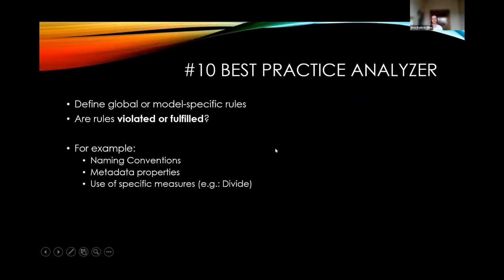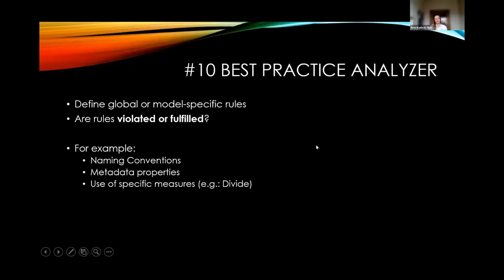And our last best practice is using the best practice analyzer. As I've mentioned earlier, Tabular Editor introduces the best practice analyzer, which is a tool that lets you define global or model-specific rules using a simple expression language. At any time, you can check whether objects in your model satisfy or violate the set of rules.